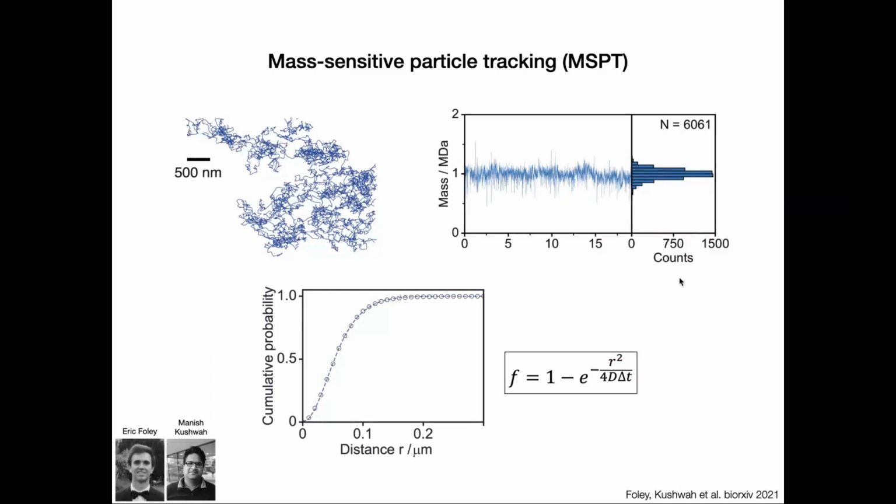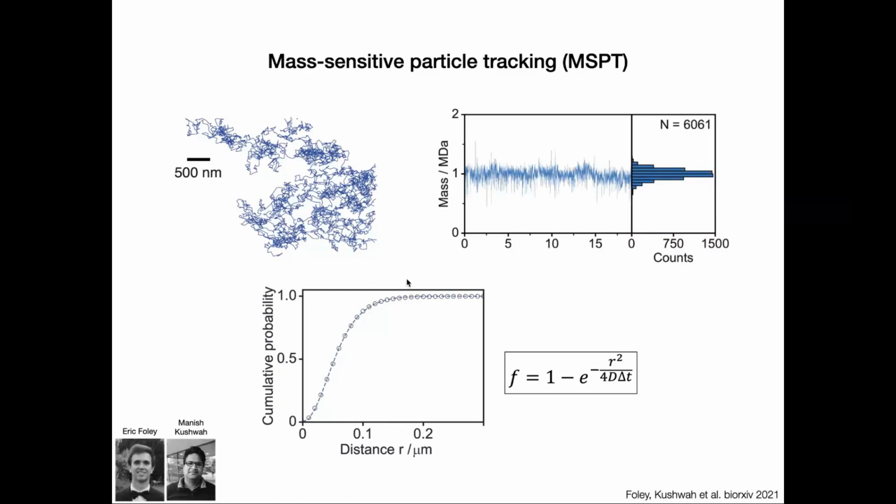Now, of course, for one particular protein, this mass won't change much. So we can take the central value for the contrast to get a very accurate estimation of its mass.